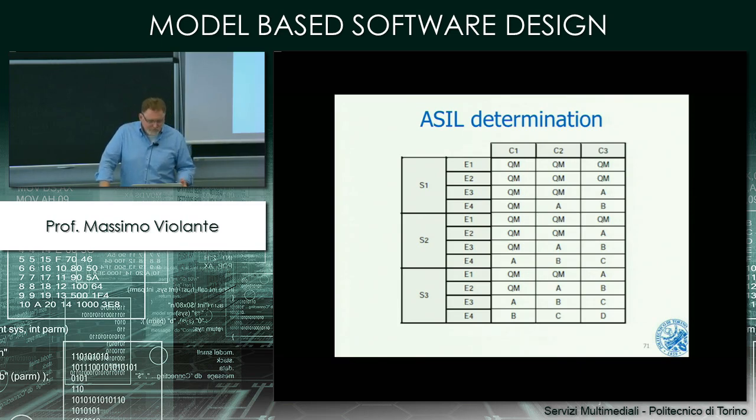So if you are in the driving situation when the fault happens, there will be harm, and the harm is very probable. So every time we drive, we could have the unintended acceleration. So very probable. It is uncontrollable.